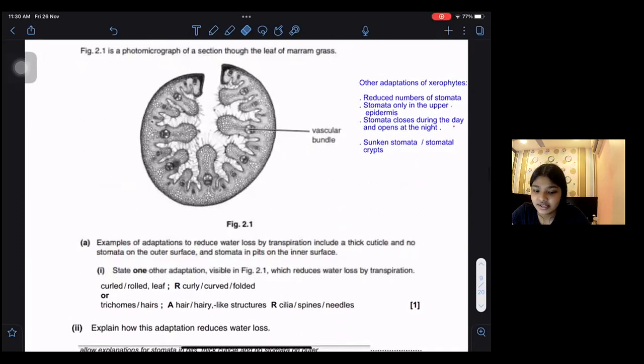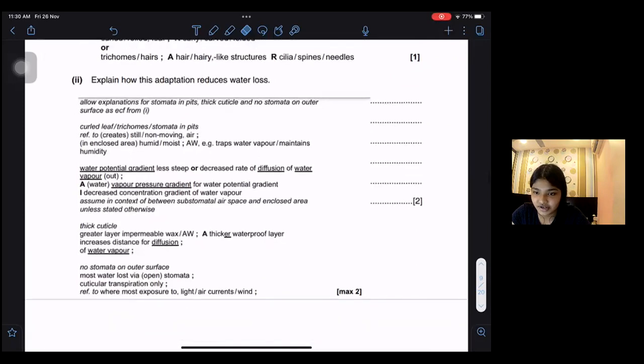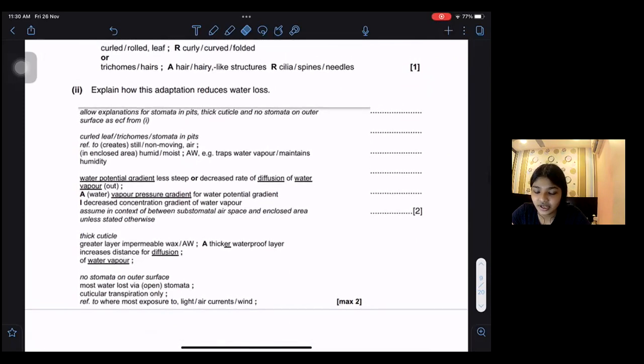So we can say that the curled leaf reduces the surface area of the leaf. And the curled leaf and trichomes also create a humid airspace in the middle. This can lower the water potential gradient between the airspace and the internal surface of the leaf. So it reduces the water loss by transpiration as well.